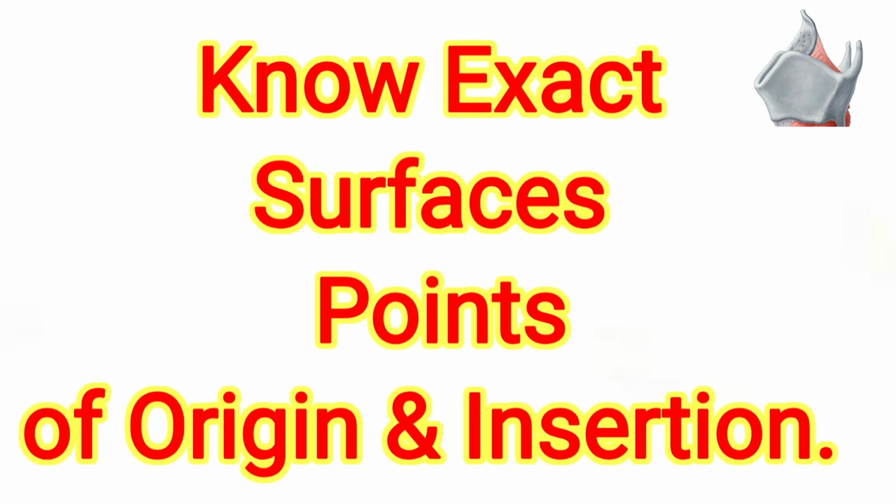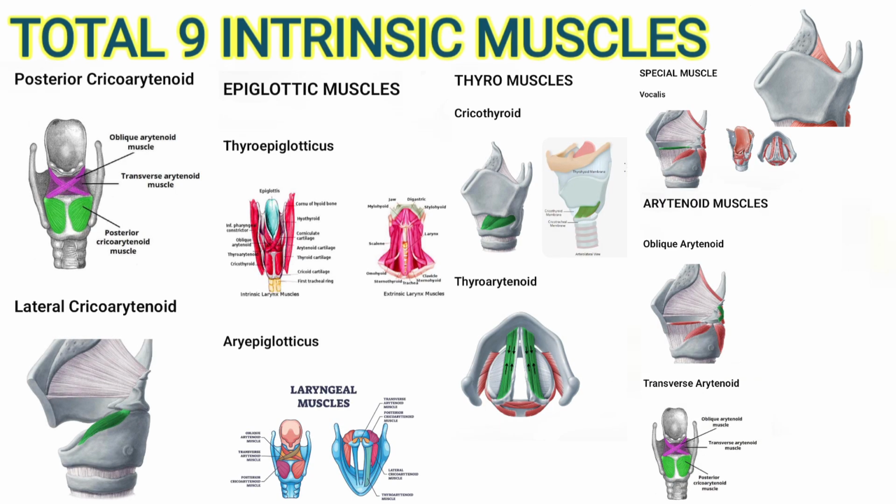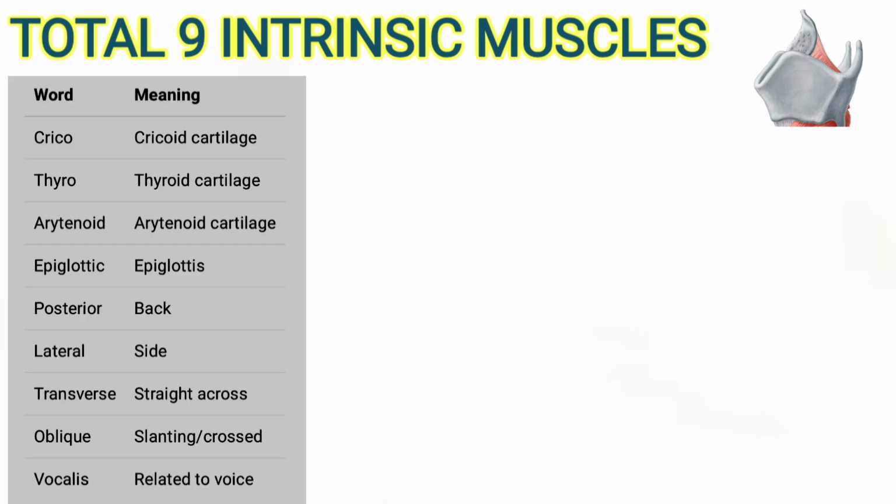There are a total of 9 intrinsic muscles. Don't you think it's difficult to remember? Not at all. It is very easy. I will give you a very easy trick to remember all the intrinsic muscles of larynx. First, we will learn the meaning of the words.